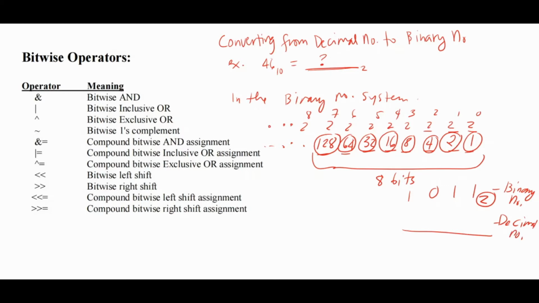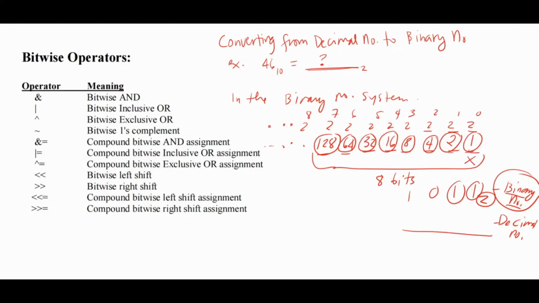All you have to do to get the equivalent decimal number is to multiply each bit with the value in that position.